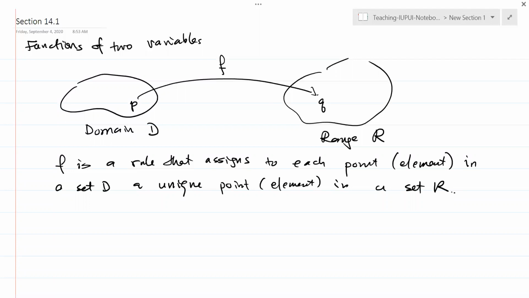So that's a definition. F is just a name of the function.